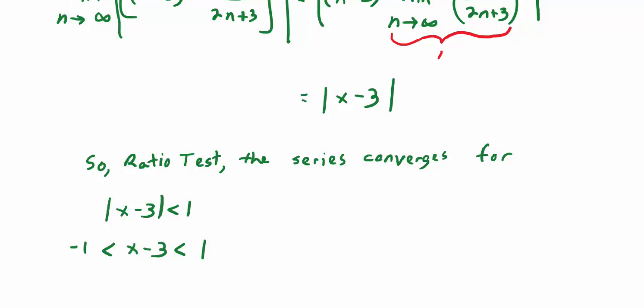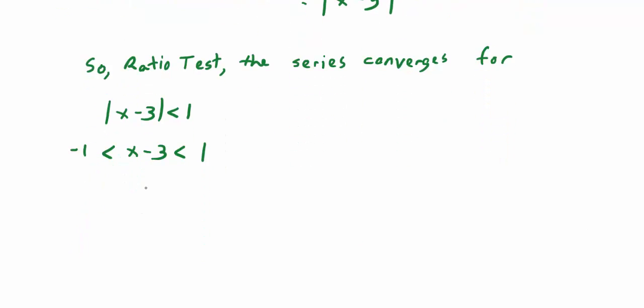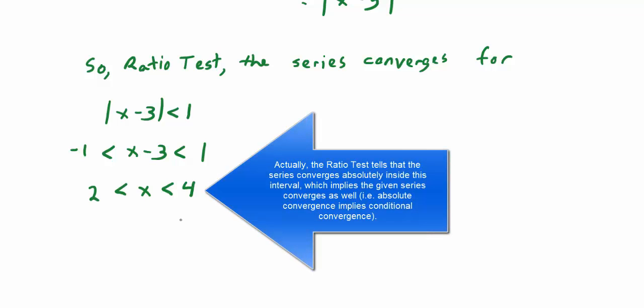And then if you solve that inequality, what do you get? Add 3 everywhere, right? So 2 and 4. So we're guaranteed if x is between 2 and 4, then that series converges.